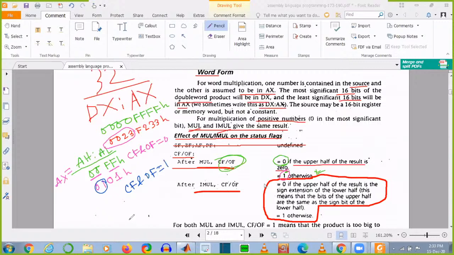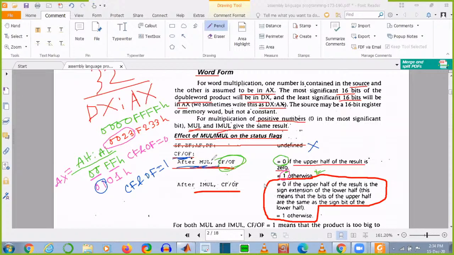Okay. So the effect of unsigned multiplication and signed multiplication on status flags. These four status flags, sign flag, zero flag, auxiliary carry flag, and parity flag, will be undefined. They are not affected by the multiplication operation. But the flags CF and OF will be affected by both unsigned and signed multiplication operations.